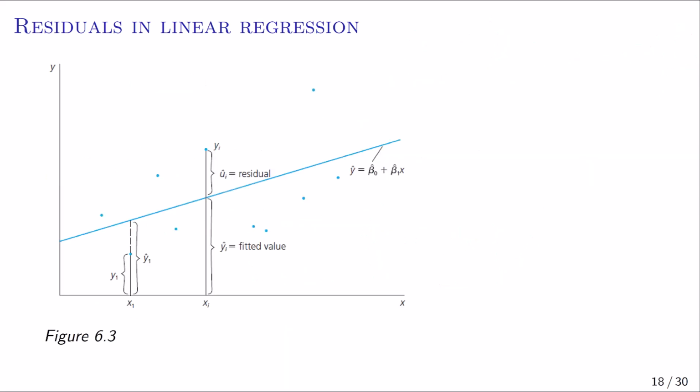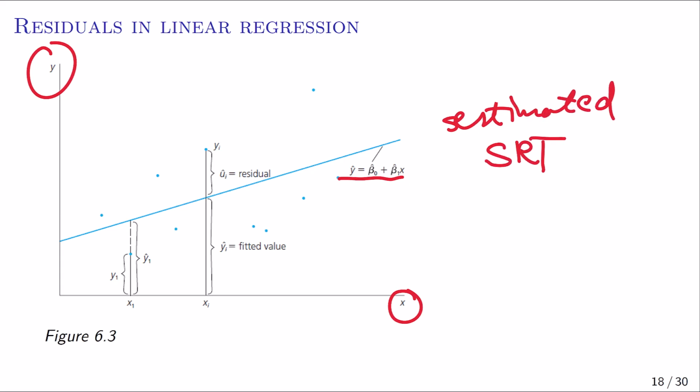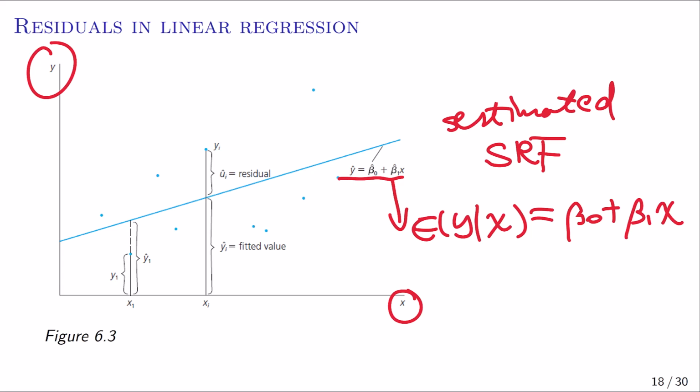Okay, first we just want to use a chart to denote what this residual ui means. So you can see right here x and y, and then with a blue line as the so-called estimated sample regression function, because this mimics the population one, parallel to the population one, okay? Now, for each individual xi right here, it has an observed value of y right here, right? See, this is the yi. This point is xi and yi.